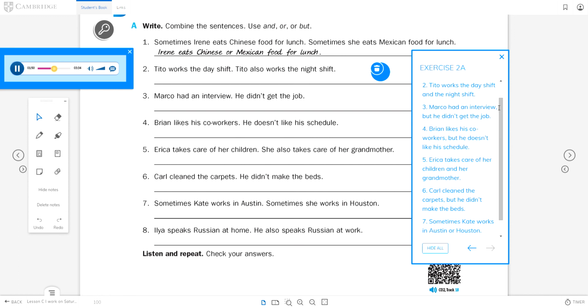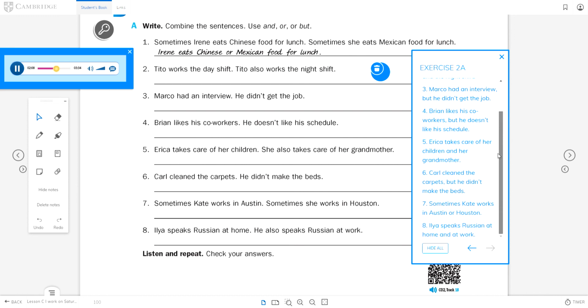5. Erica takes care of her children. She also takes care of her grandmother. Erica takes care of her children and her grandmother. 6.